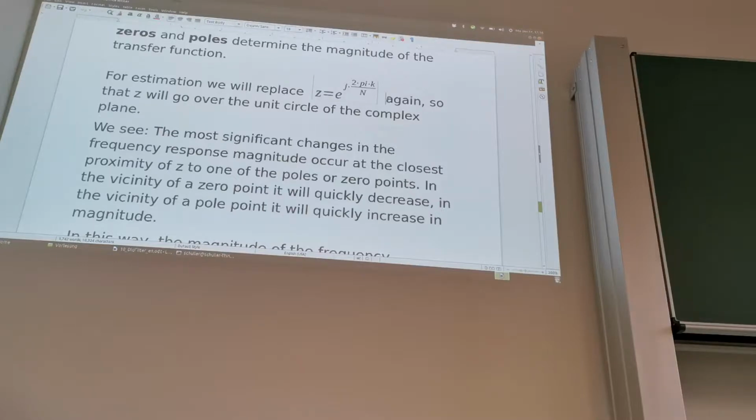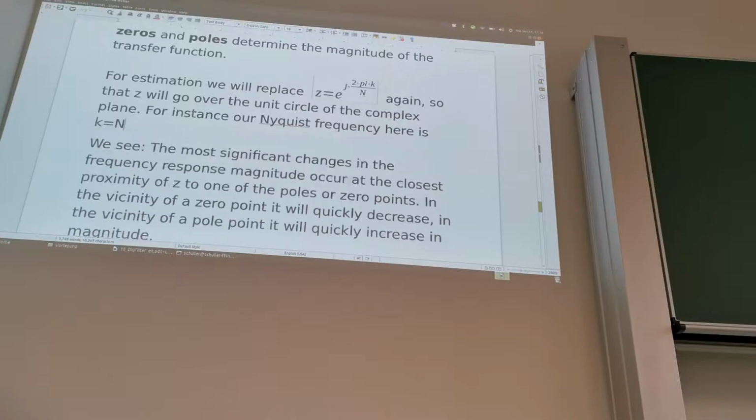So here we can see, for instance, that the Nyquist frequency here is k equals N divided by 2. Makes sense?